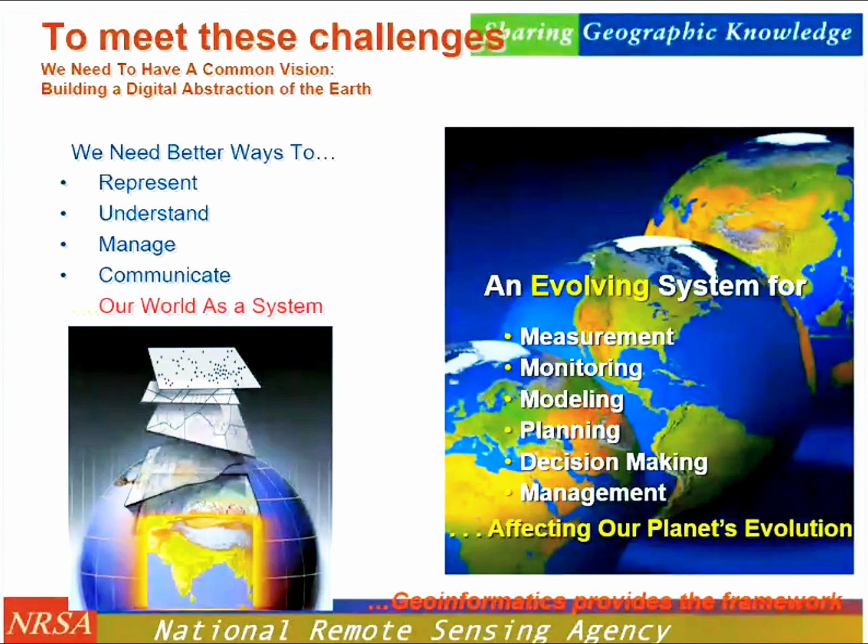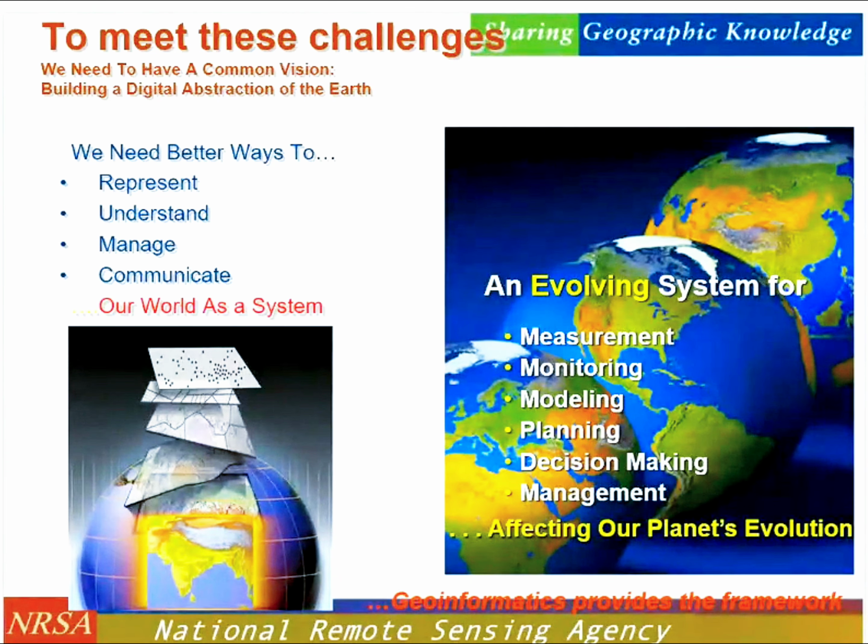So representing this aspect, understanding, management, communication. Okay, so on one side is our world as a system, but on the other side is solving these problems with the help of geographical information systems, right?